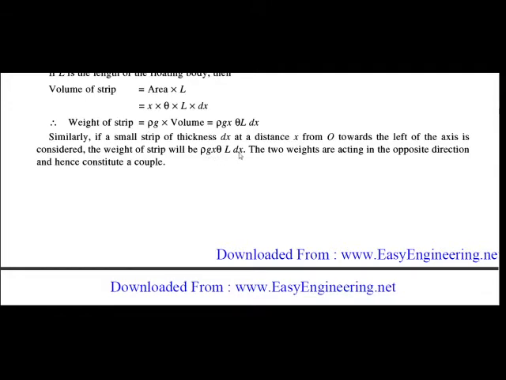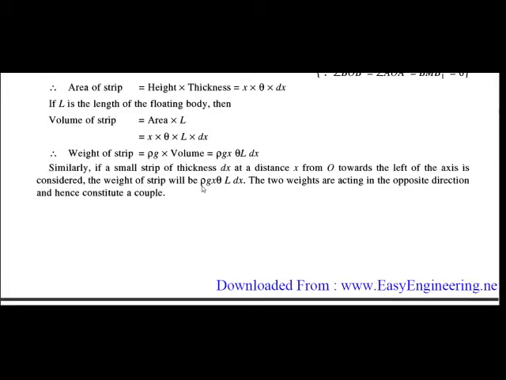On the left side also, and on the right side also, the weight of the strip is rho g x theta L dx. These two weights are acting in the opposite direction, hence they constitute a couple.